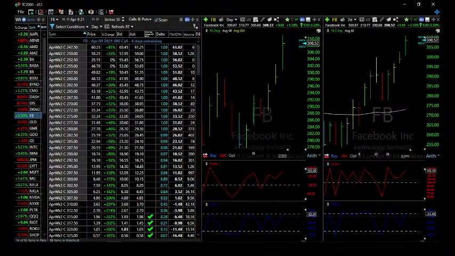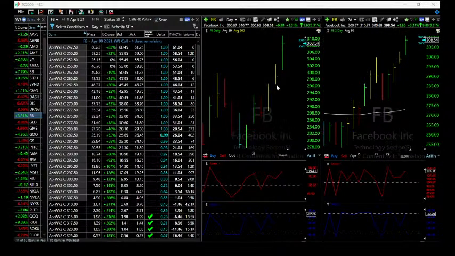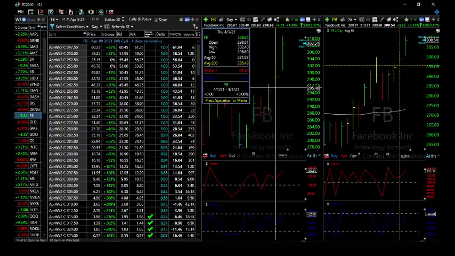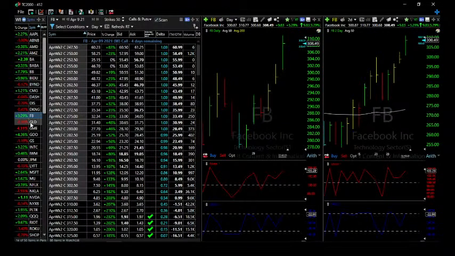Remember, Facebook on the weekly gave a possible sell signal. And remember, I told you that the last day of trading last week, it will probably have follow through on the upside. So I would say 7 times out of 10, it's best to wait to see what it does on Monday to get into the position.